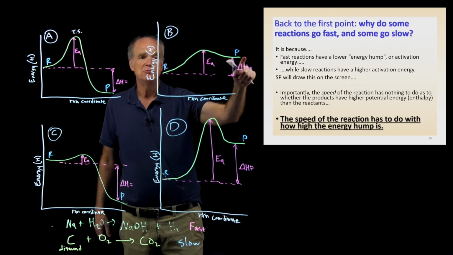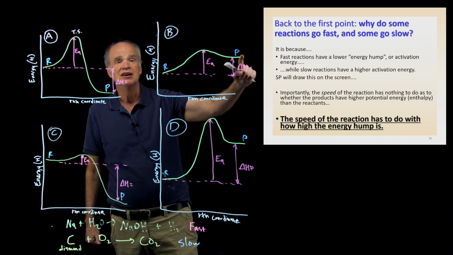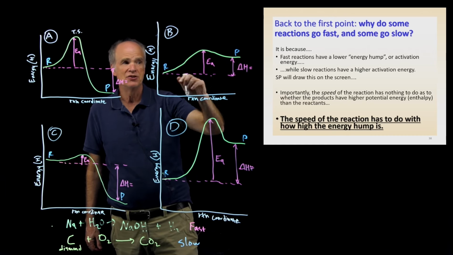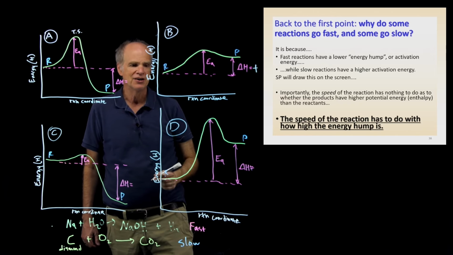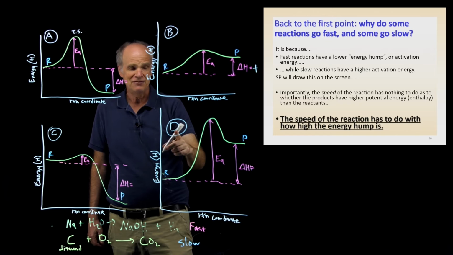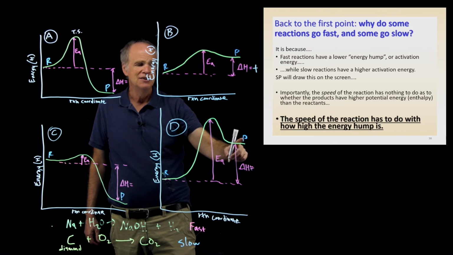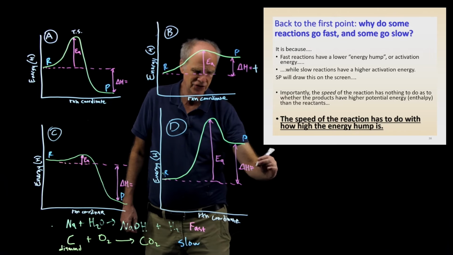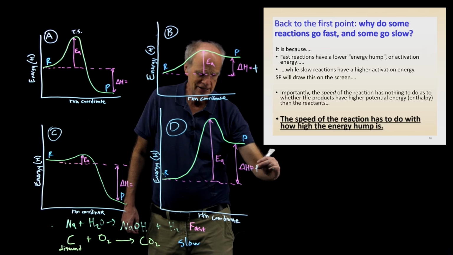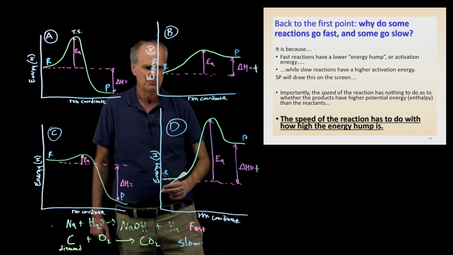We know this is because with an endothermic reaction, the products have more enthalpy than the reactants. And so we can also indicate that by putting a plus there. Same thing with graph D. With graph D, the products have more energy than the reactants, so this is also going to be an endothermic reaction, and we can put a plus there.